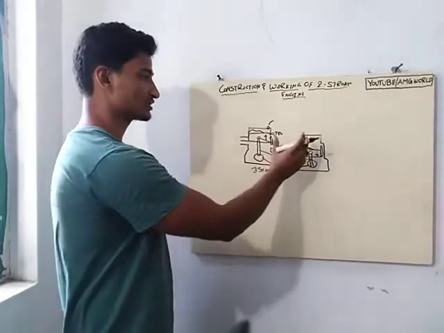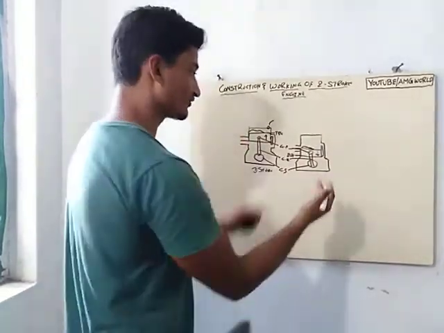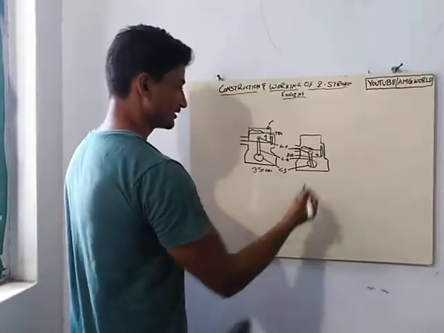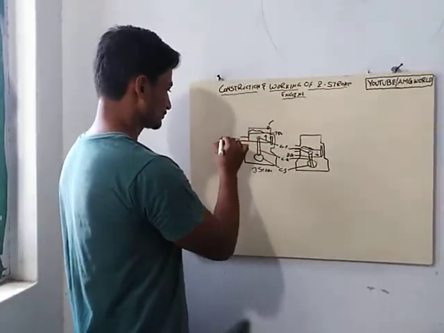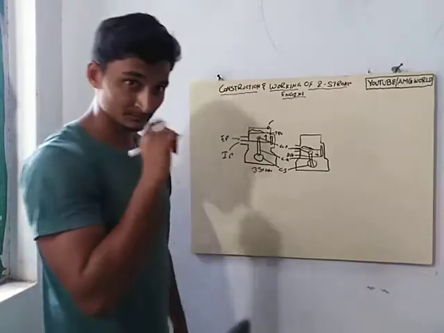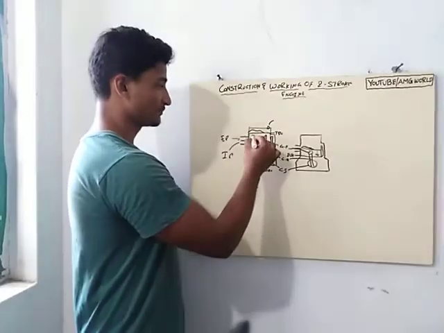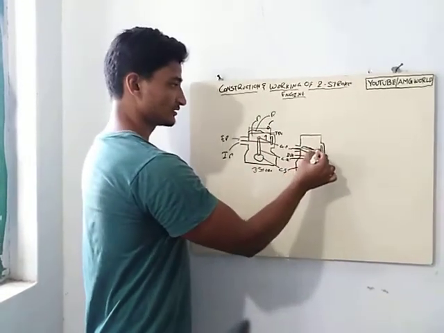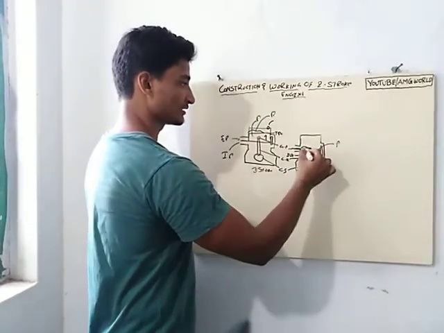This section is present in two-stroke engines for diverting the charges during the process of scavenging. Here comes the exhaust port, here comes the inlet port, and we have the piston. This one is the piston, and this one is the deflecting section.